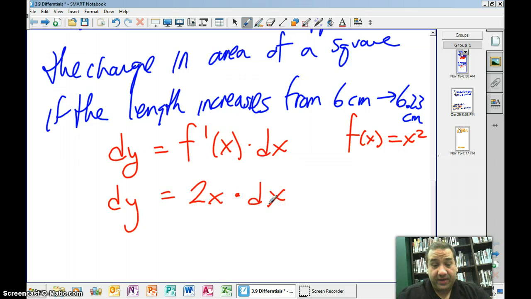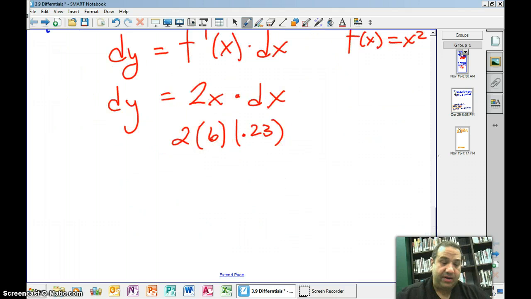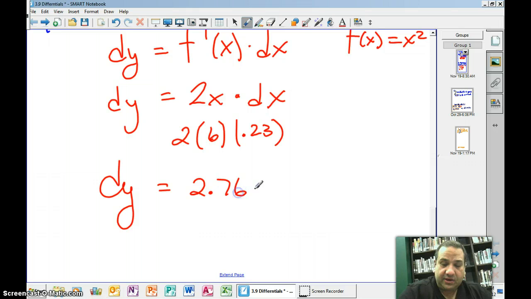So now we plug stuff in, and we get 2 times 6. And the difference in x, from 6 to 6.23, is 0.23. And now we'll get the difference in y, which is 2.76 square centimeters.